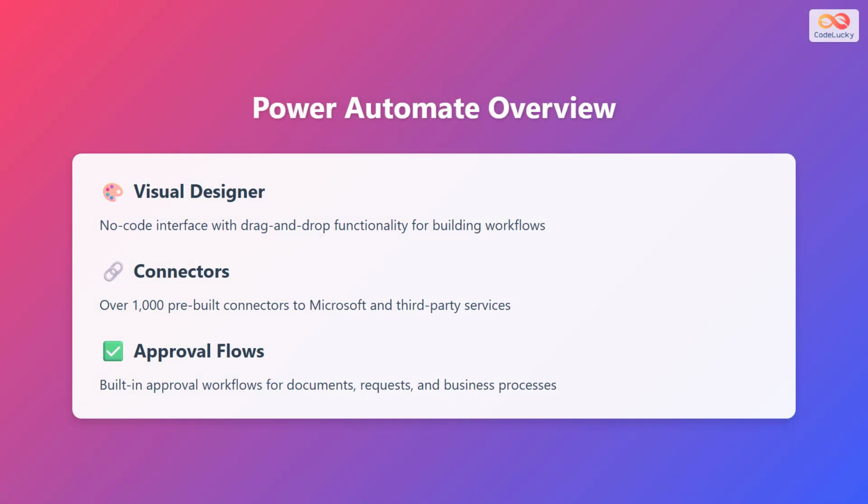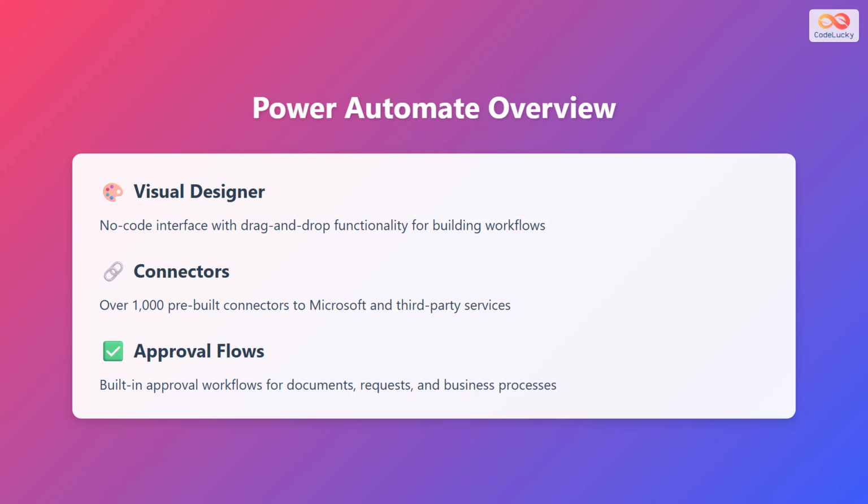Power Automate takes a completely different approach to automation with its visual designer interface. It allows users to create automated workflows without writing any code, making automation accessible to a broader audience. The platform features a drag-and-drop interface where you can visually design your automation flows. It includes over 1,000 pre-built connectors to Microsoft services like Teams, SharePoint, and Outlook, as well as third-party applications.